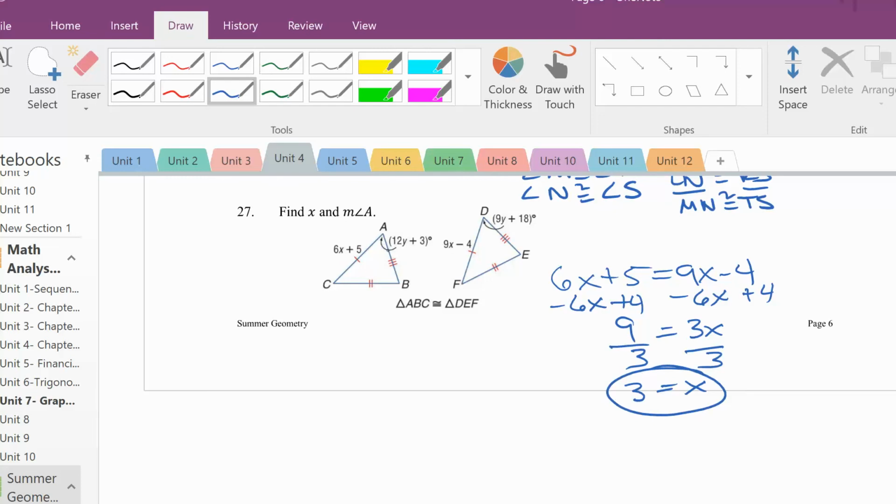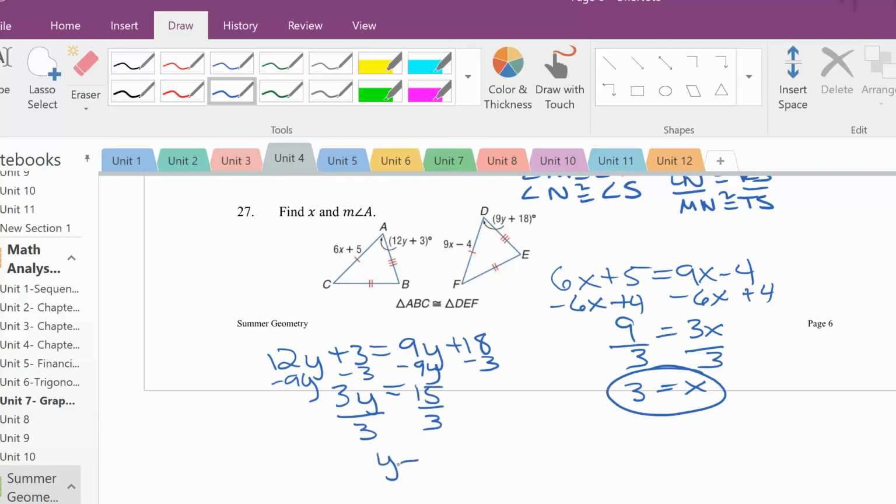And then for y, since these two angles A and D are equal, you get 12y plus 3 equals 9y plus 18. So you subtract 3 and subtract the 9y. So you get 3y equals 15, divide by 3 to get y equals 5.